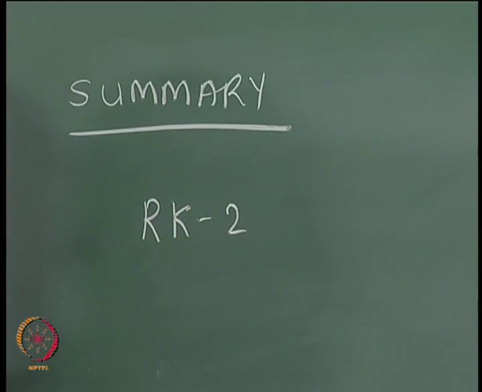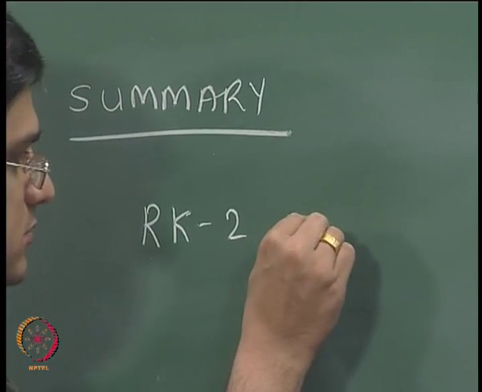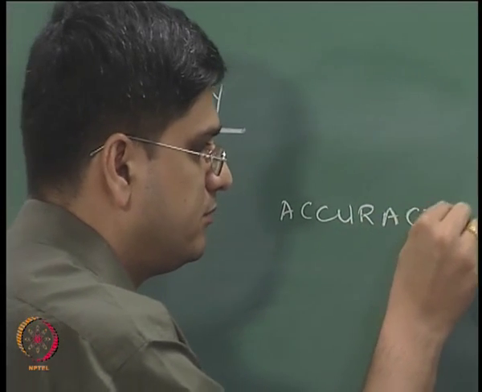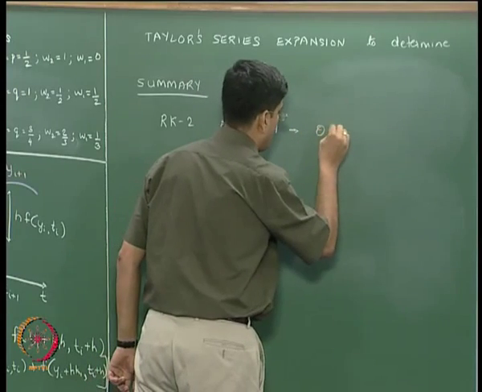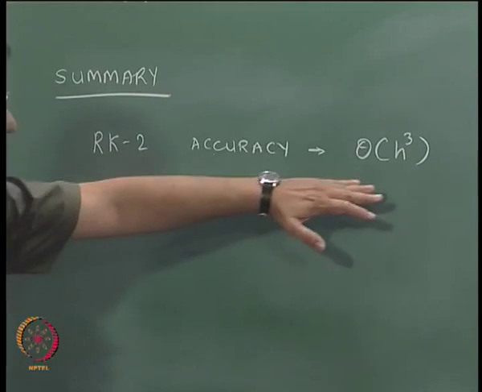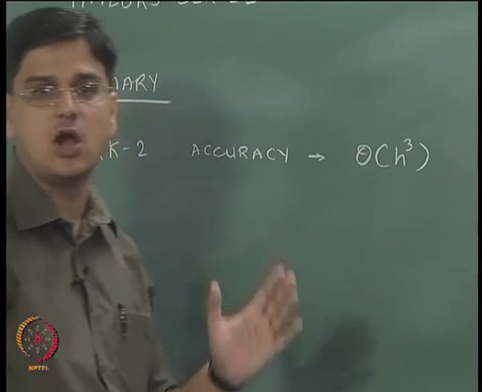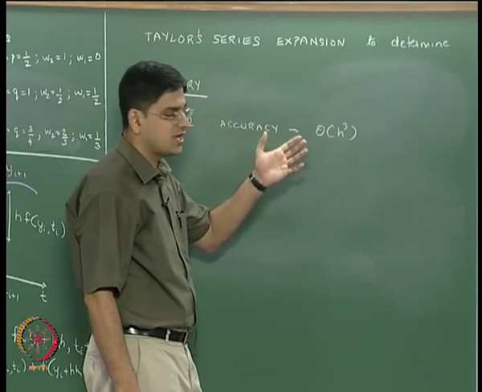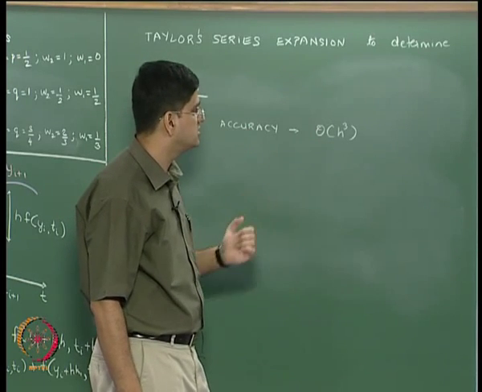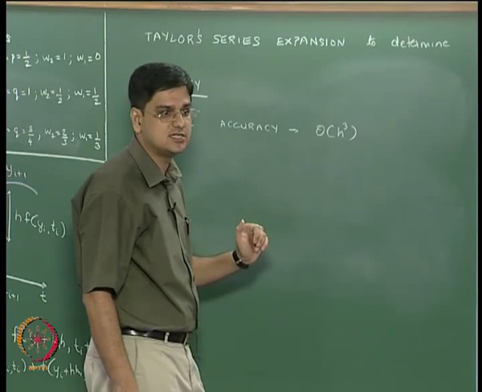The RK2 methods have an accuracy of order of h cube. And this is nothing but the truncation error. We have not talked about the round off errors. There are two types of errors that we have always been saying in this entire series of lectures. The first one is the truncation error and the second one is the round off error.